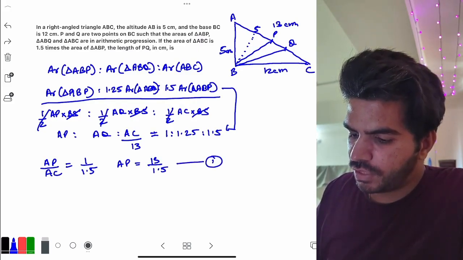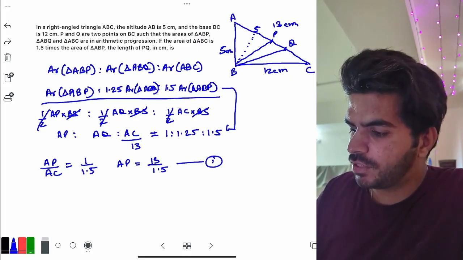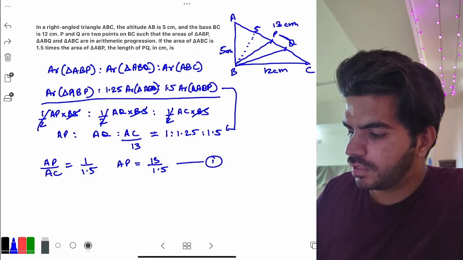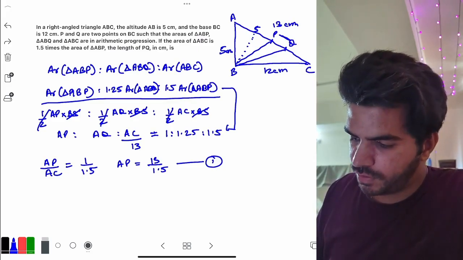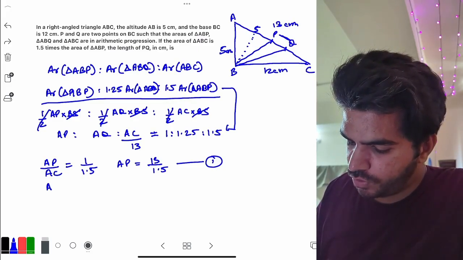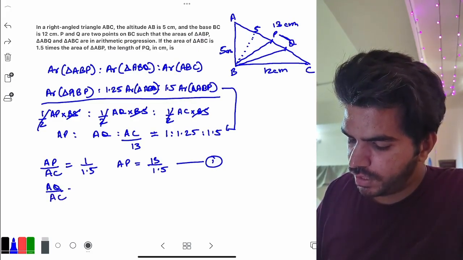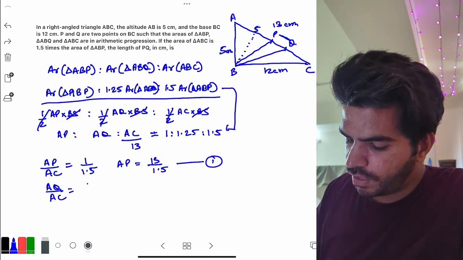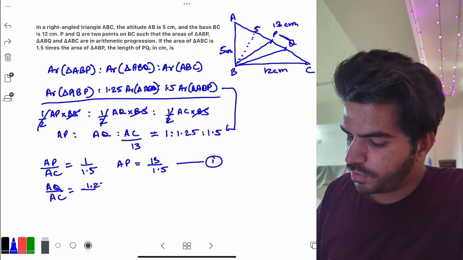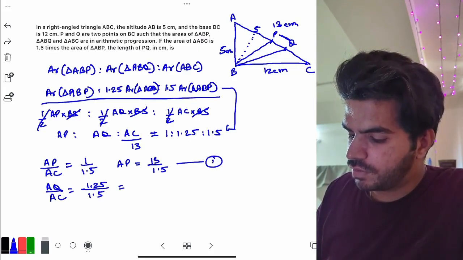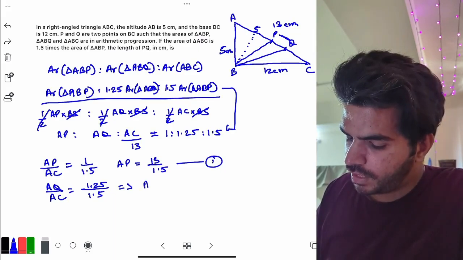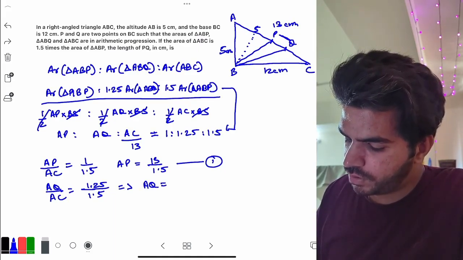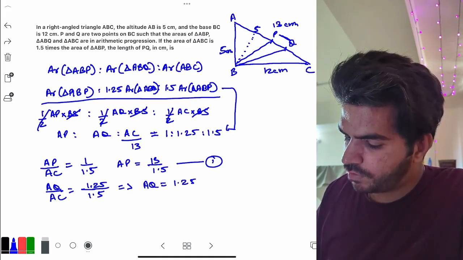Second, using AP we need to find this part. We can use AQ minus AP. So AQ by AC is again equal to 1.25 by 1.5, which means AQ is equal to 1.25 into 13 by 1.5.